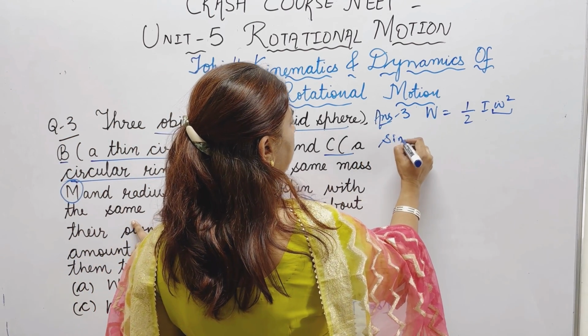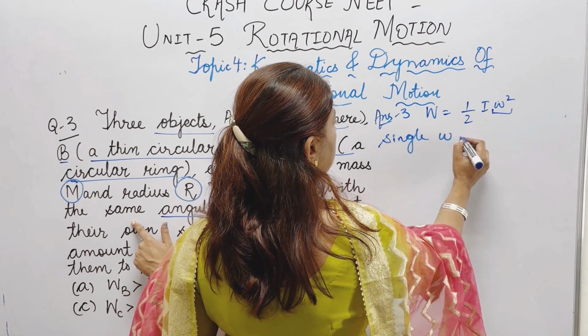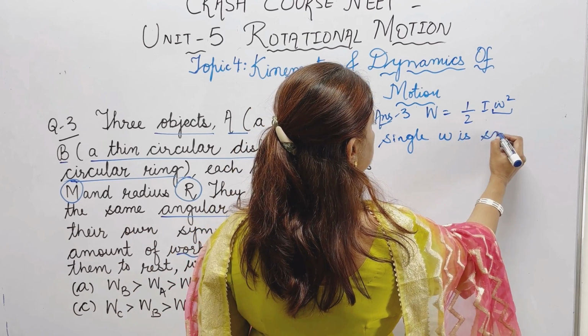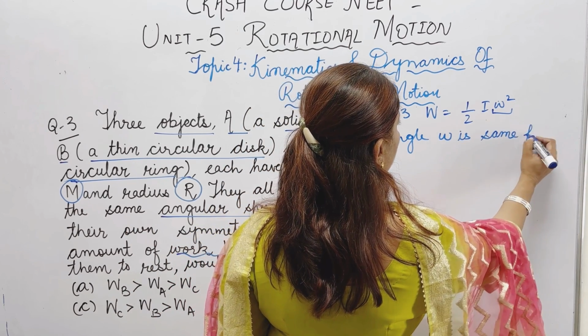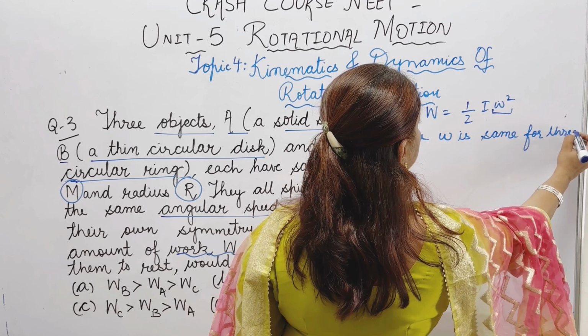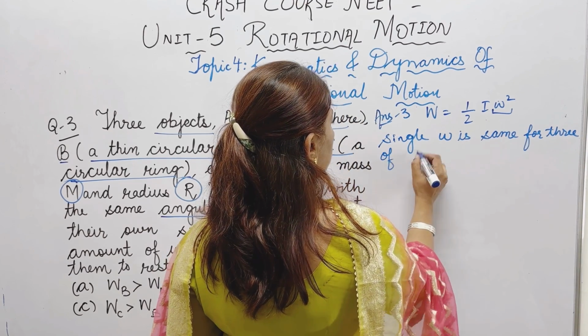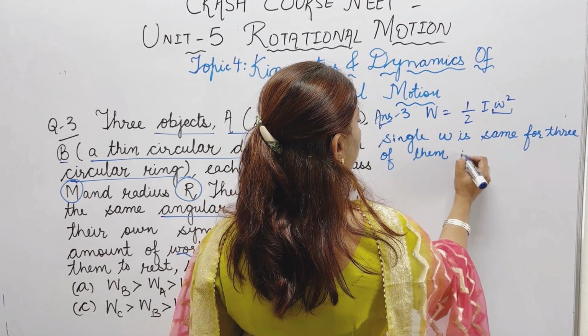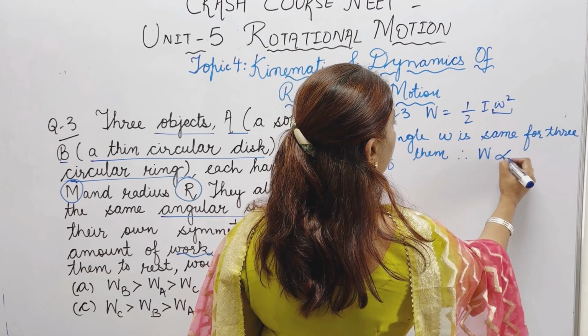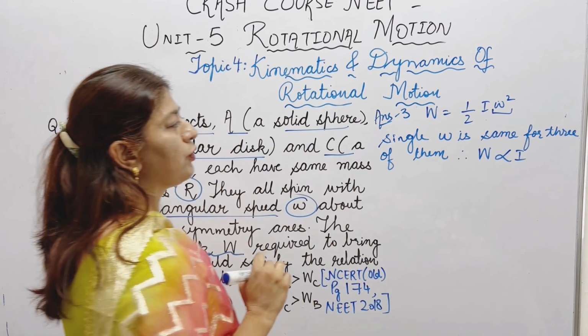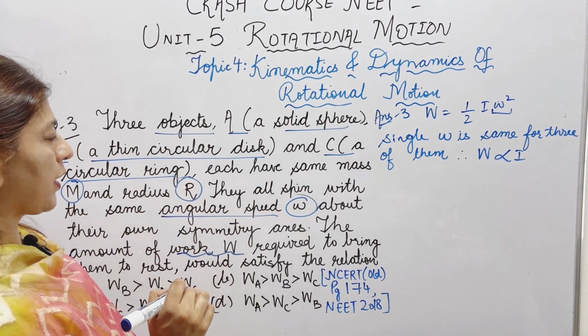Since omega is the same for all three, work done is proportional to the value of I, the moment of inertia.